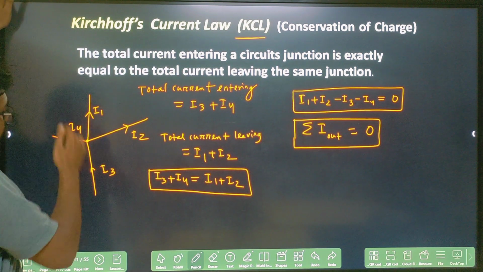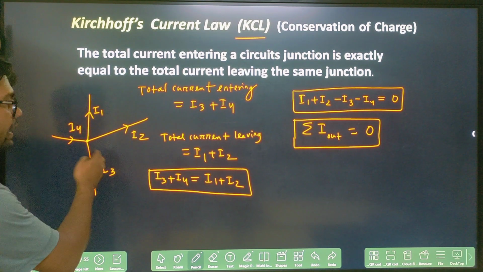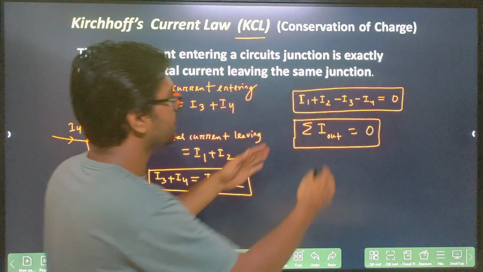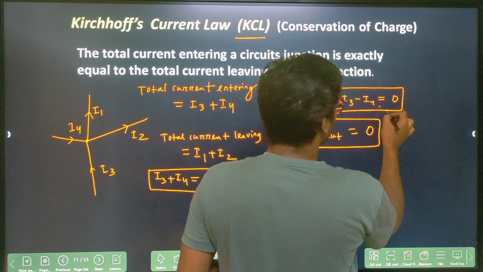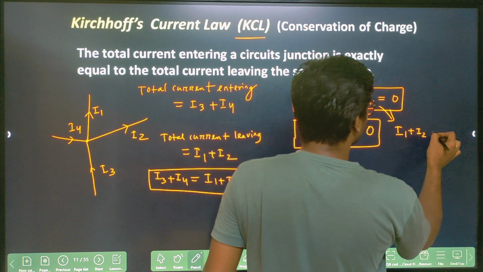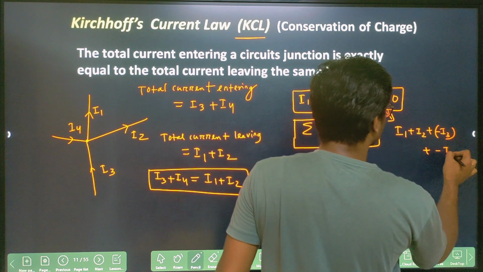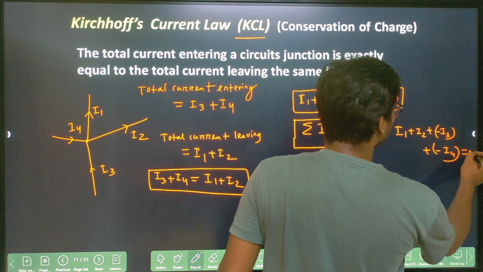I3 is entering here, right? I3 current is entering here, or I can say that minus I3 is leaving, so that is what I am telling. So you can write this like this also: I1 plus I2 plus minus of I3 plus minus of I4 is equal to 0.